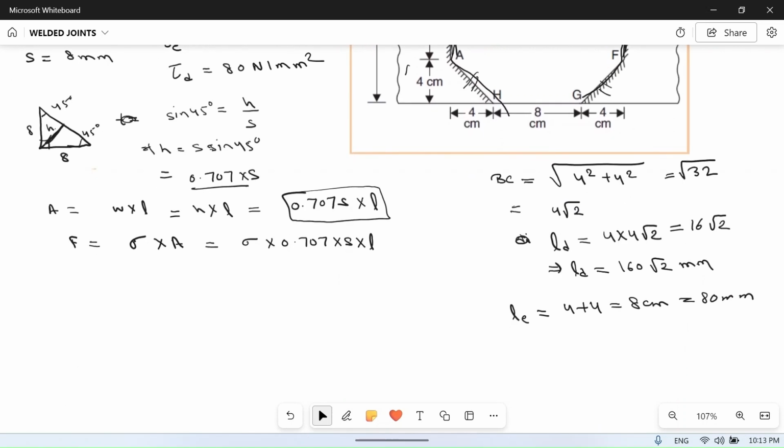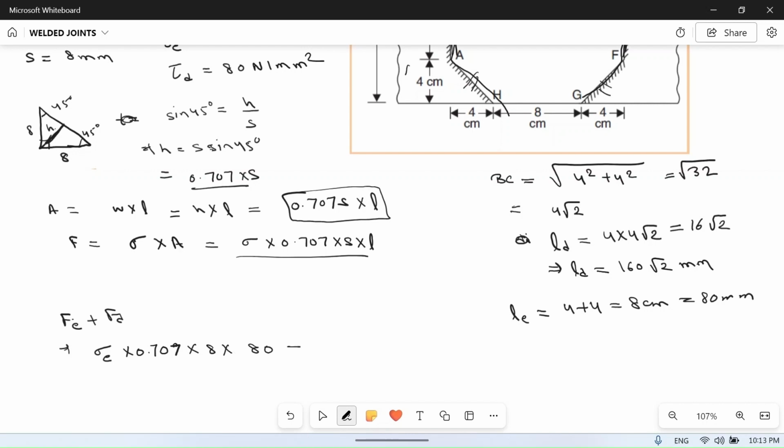Now what will be the total force offered? Total force offered will be F end plus F diagonal. F end is, from this formula, sigma end, stress at end fillets, into 0.707 into s is 8 into L end is 80.